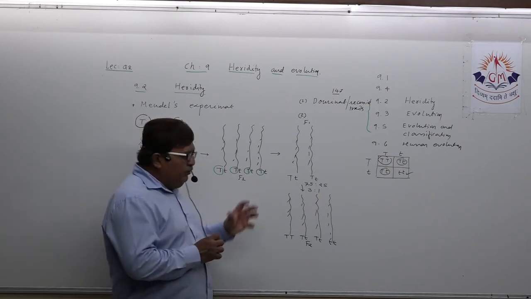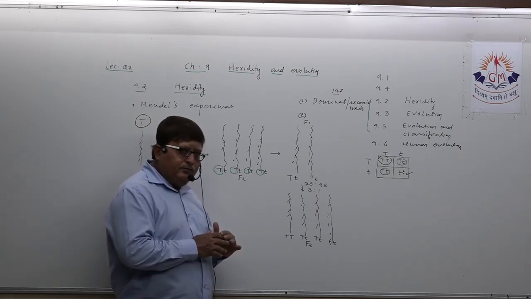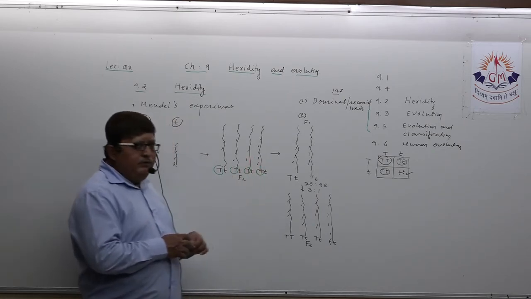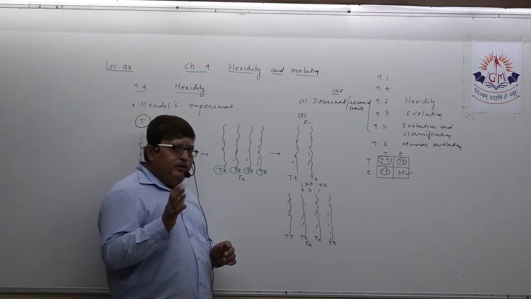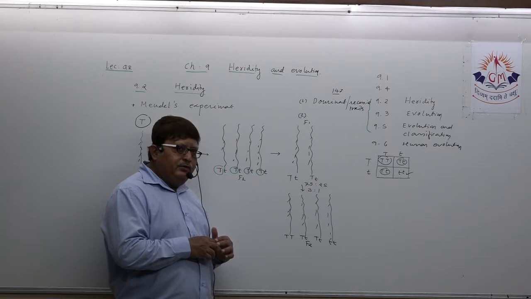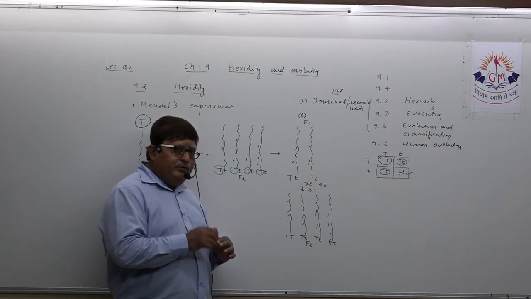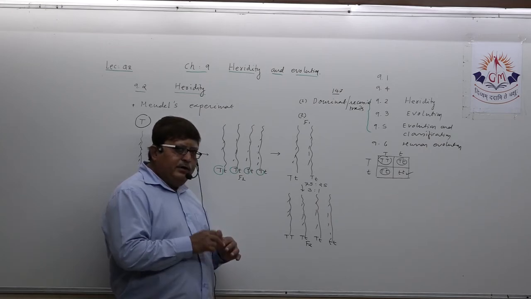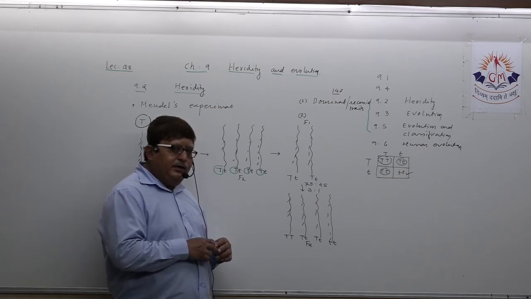There is a mix up of the traits. In the F1 generation, only one trait becomes dominant, but in the F2 generation, there will be a mix up of the traits. Understand? This is how the characters are inherited.